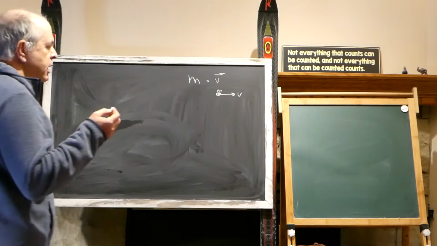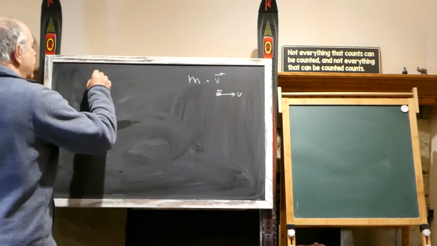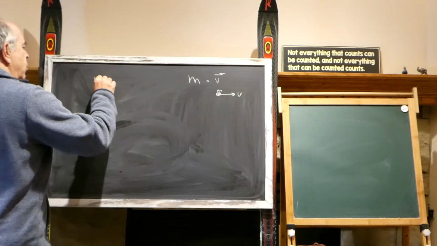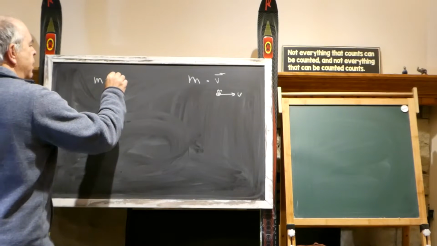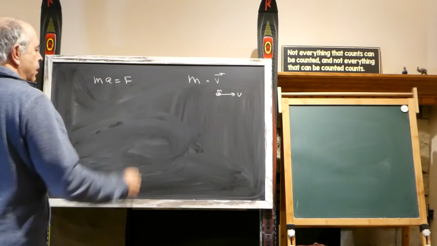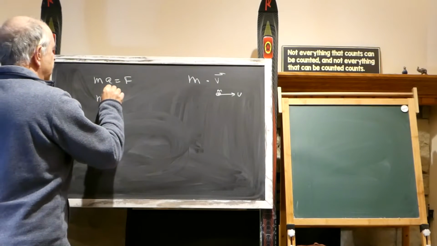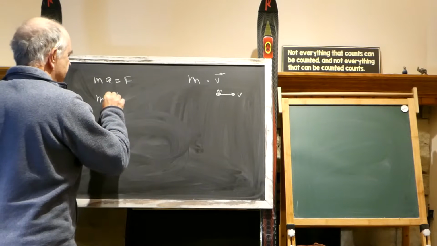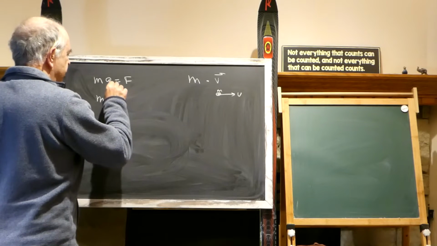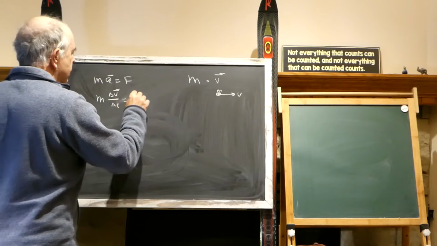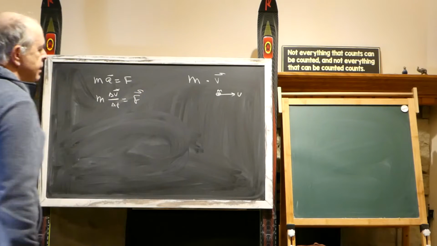It's not much complicated in the beginning, because the second law of motion is ma equals F. And if we consider a very small time, m times change in velocity over change in time equals F. And that's all.